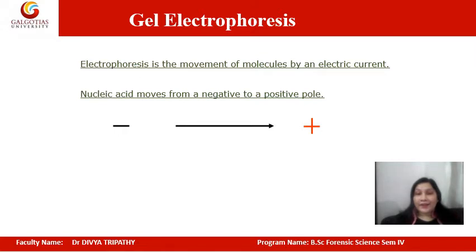It means if cations move towards the cathode, the cathode is a negative electrode, and if anions move towards the anode, the anode is a positive electrode, because minus attracts plus and plus attracts minus. This is the basic principle of electrophoresis. Separation on the basis of charge and size is the principle of any type of electrophoresis, and if we use gel as a medium, it is called gel electrophoresis.